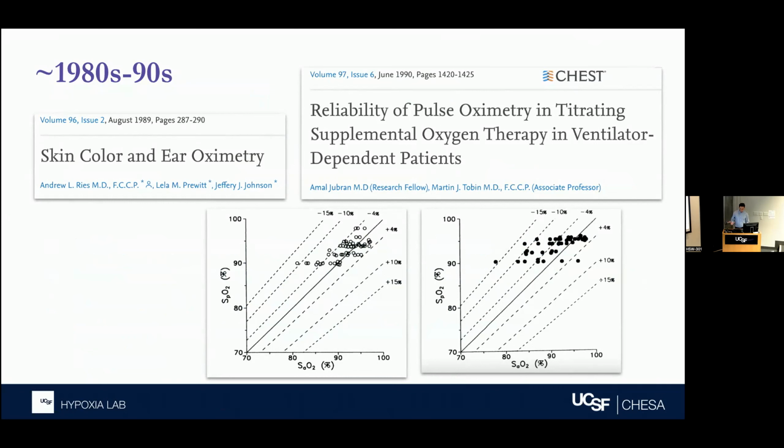And we can see that there's a far wider spread in the black patients. And the study showed there was far less accuracy in black patients, and also a frequent overestimation of the true SaO2 value. And here at the Hypoxia Lab, Severinghaus and his team were also already starting to make some of these observations.